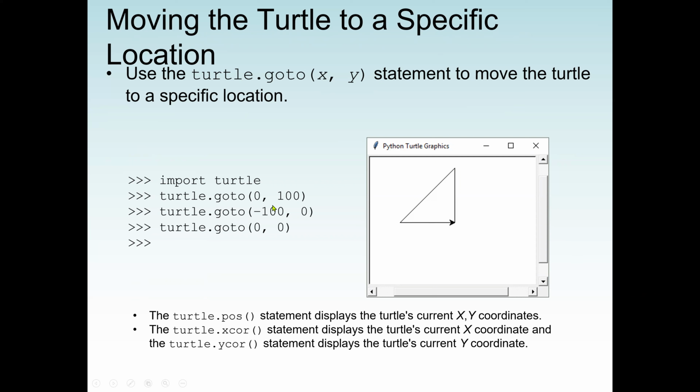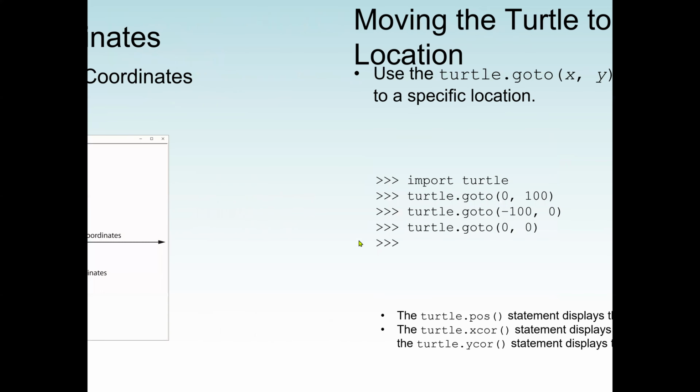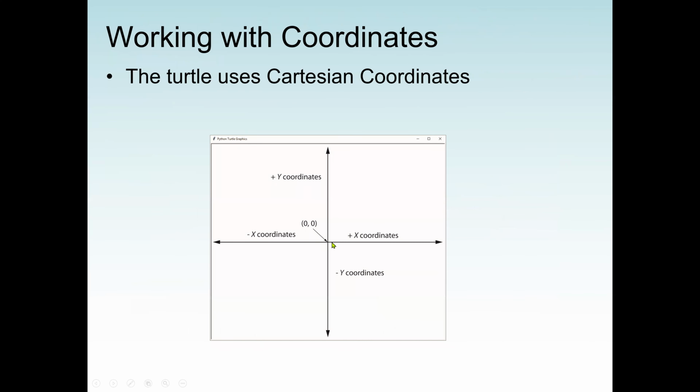So remember, the first value is our X. The first value is our X. So X will be negative 100 and Y will again be 0. So Y will be vertical. Then we also have turtle.goto 0, 0. This will be the end, to come back to the center of origin. As we can see here, the center of origin is 0, 0.